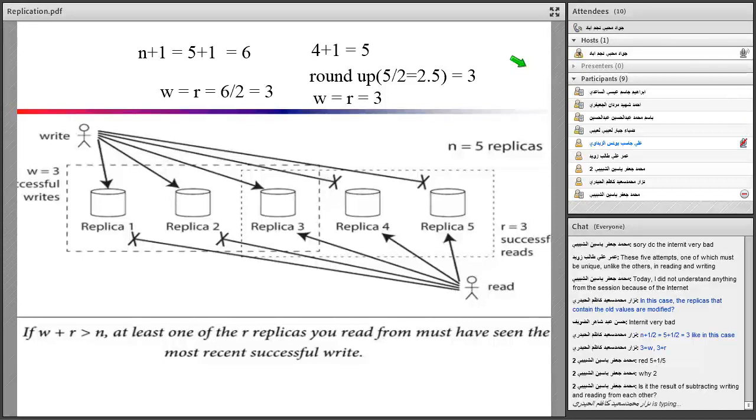Nazar, can you answer the question from Muhammad?